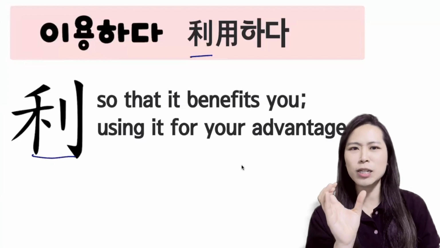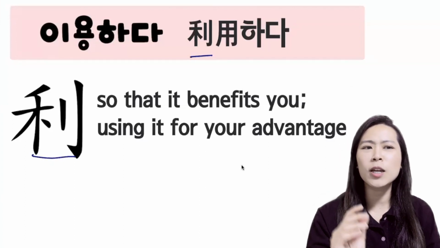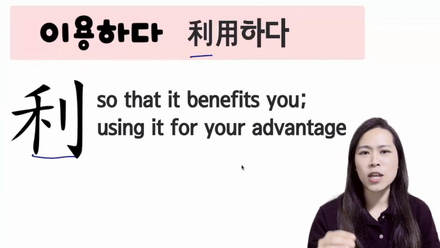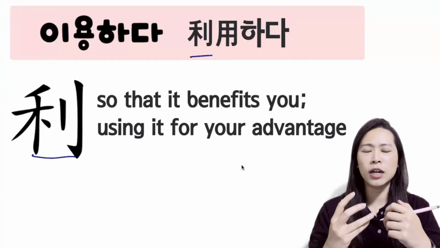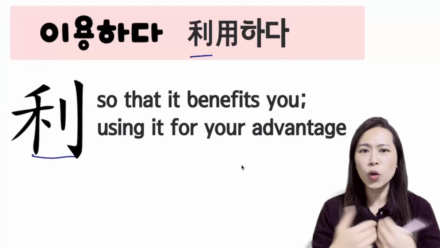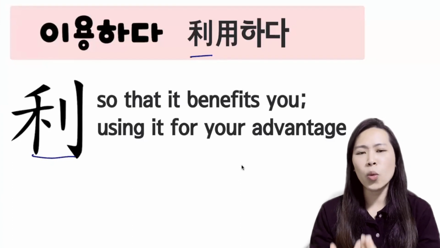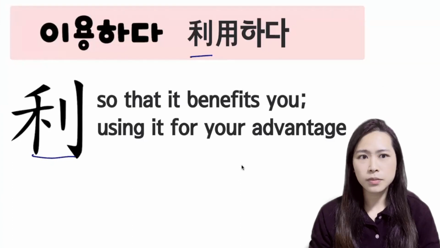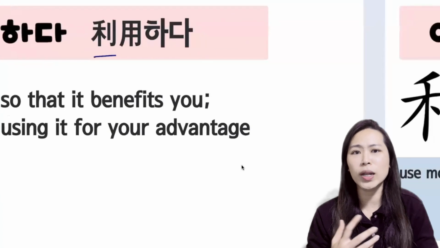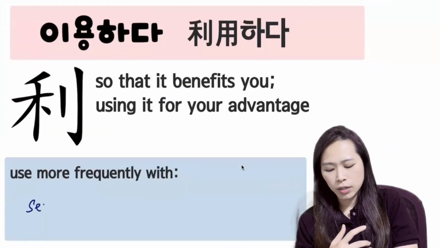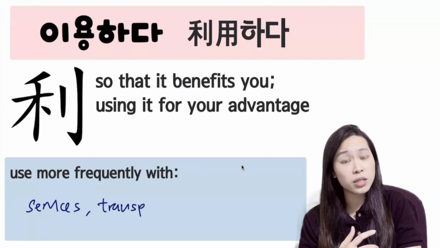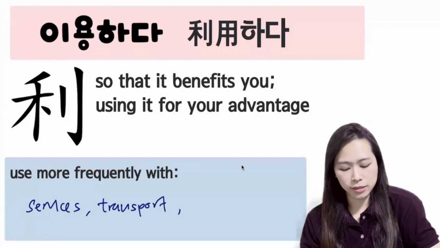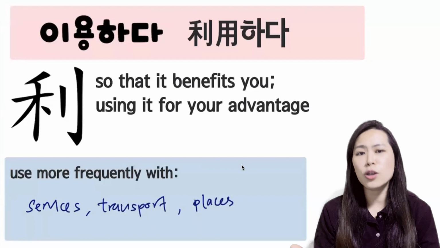This 리 means to use something to your advantage, in a way that benefits you. It has to be something you use for your own purpose, advantageous to you. It's used more frequently with services, transportation, or places.